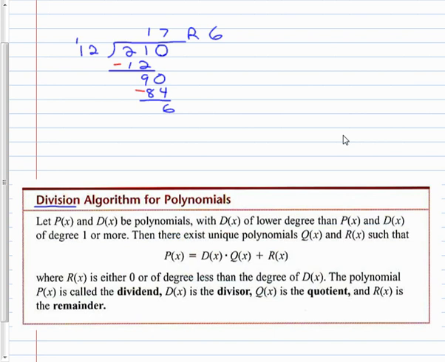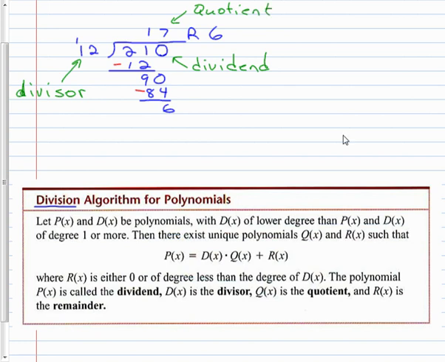Now we need to know some of these names. This is the dividend. This is the, anybody remember? Divisor. Is that how you spell divisor? I think it is. And the answer is the quotient, Q-U-O, there we go.